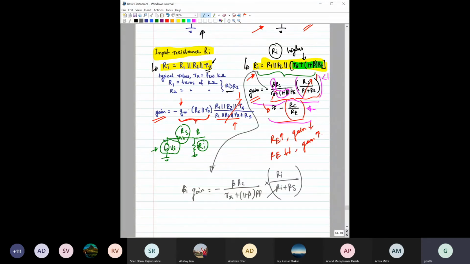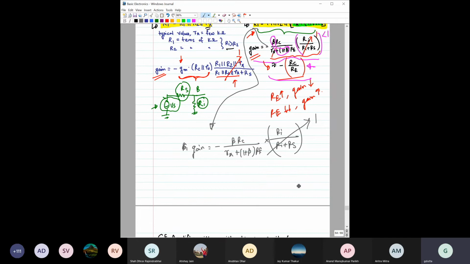So you can still see the error due to this was not much. If you approximate it to 1, it is not much. But the error we are introducing by approximating the gain to be equal to minus RC by RE is huge.